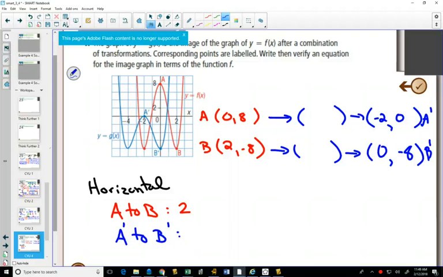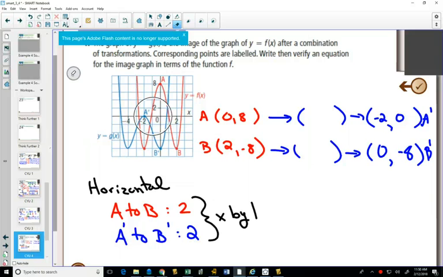Again, we're just looking at how the horizontal distance changed. It's also 2 to the right. And so we can say horizontally, x by 1, but that means that nothing has changed for your x values.